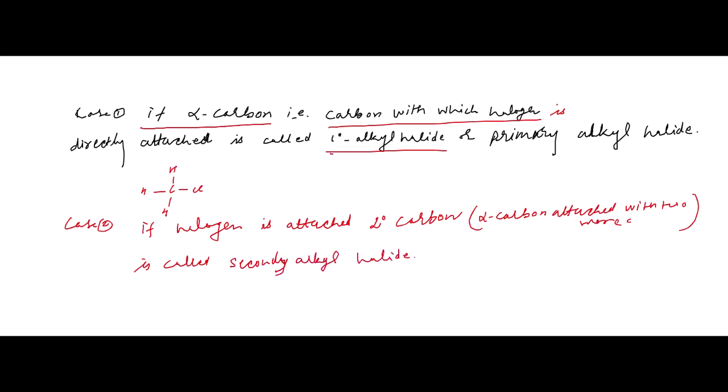What is secondary halide? CH3, this is the CH. Here is CH3, this is the Cl. So this is the alpha carbon. Alpha carbon is attached with the 2 beta carbon. So this carbon is 2 degree, right? And if the halogen attached with 2-degree carbon, that is what is called secondary alkyl halide. Can you understand this? Understand? Yeah. Can I erase?